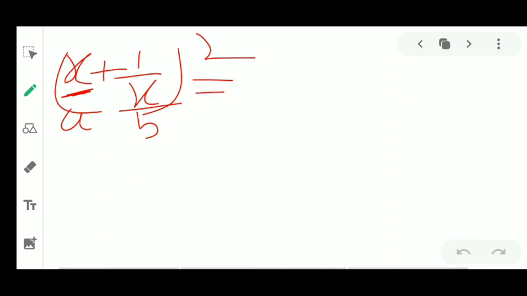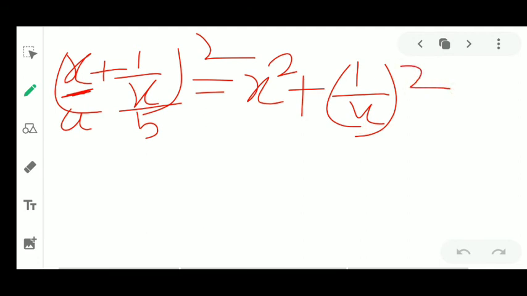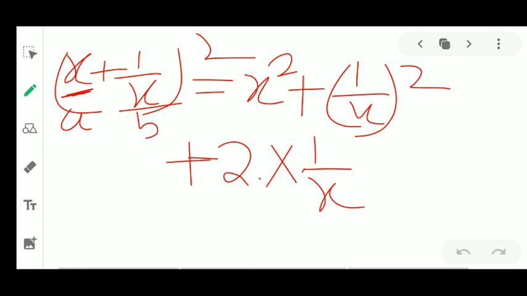So x squared, that is a squared, plus b squared, 1 by x squared, plus 2 into x into 1 by x. Clear? If you consider x as a and 1 by x as b, then the expression is in the form of a plus b squared, no?